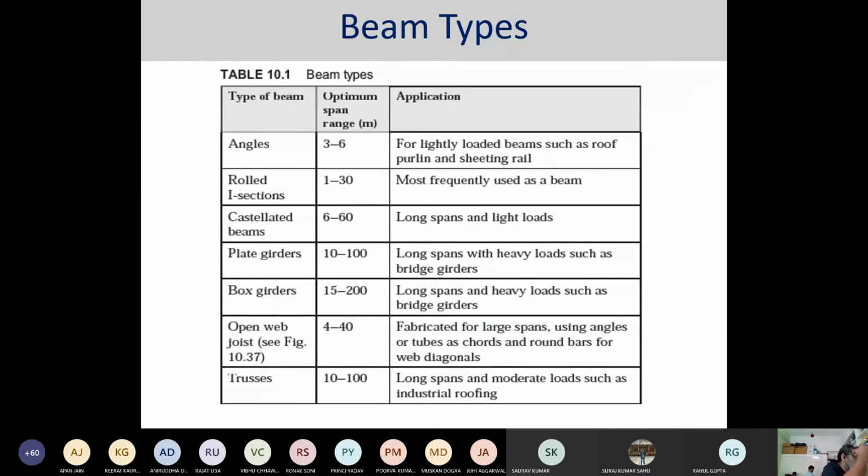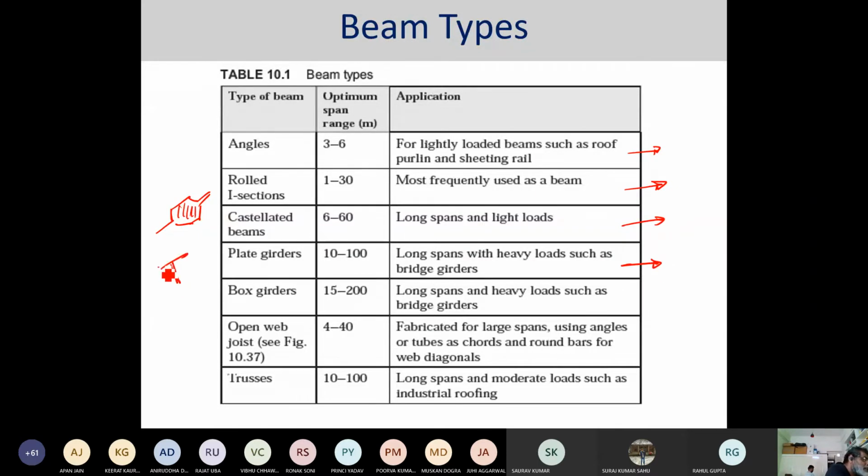And you can get types of beams by span. So if you've got 3 to 6 meters, you can use angles, and it is used for these things. If you have a rolled section, it is used for these things. A castellated beam, so that beam is called a castellated beam. So this is an open space. It is used for long span light loads. Then you have plate girders for bridges and things like that.